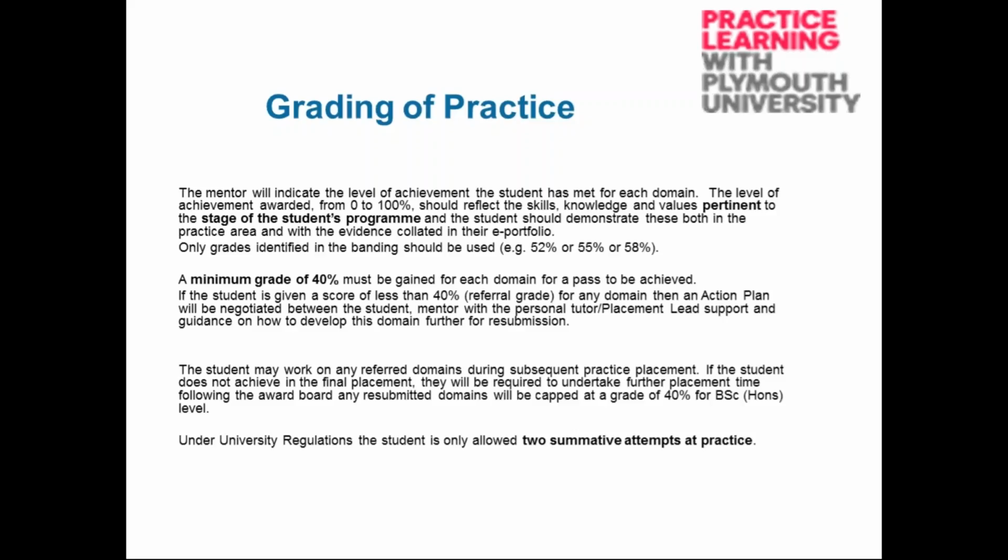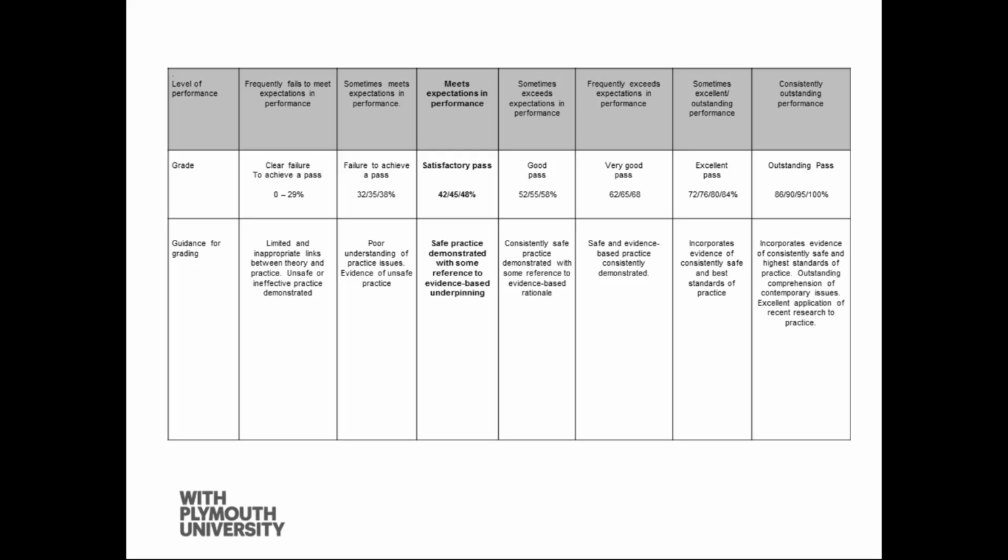If you are in your final placement and you're referred on a domain, then the exam board will decide an extended period of practice for you to achieve, but your domains will be capped at 40%, and as always 2 attempts at practice.